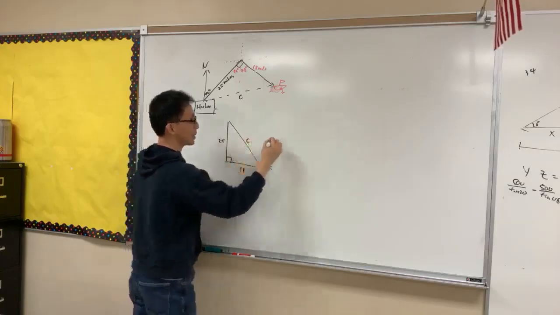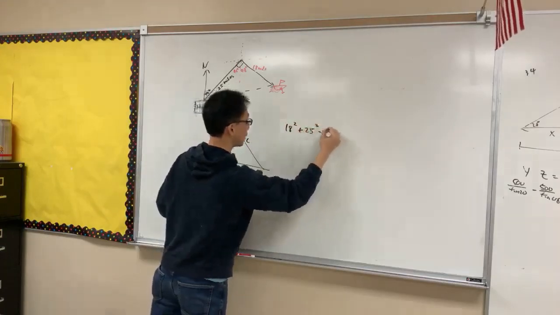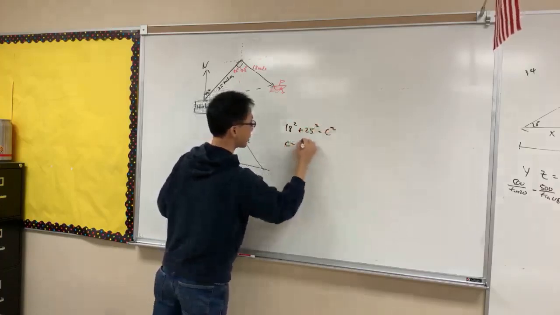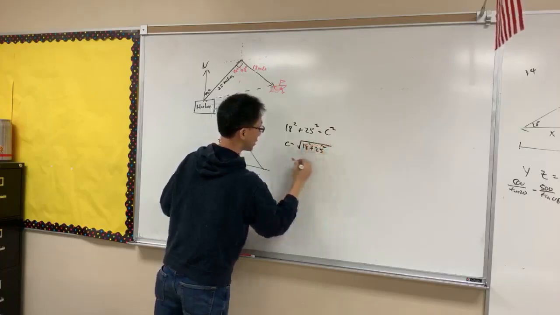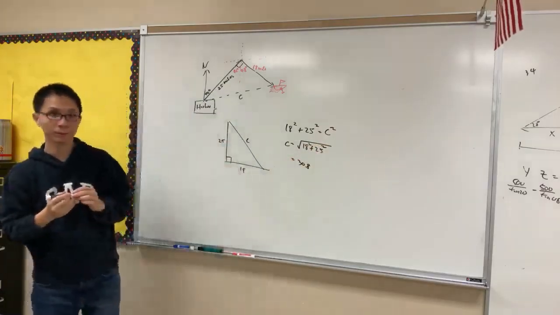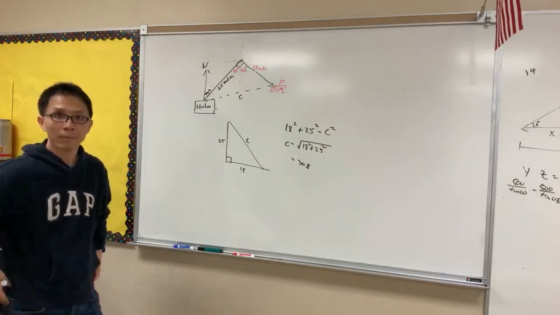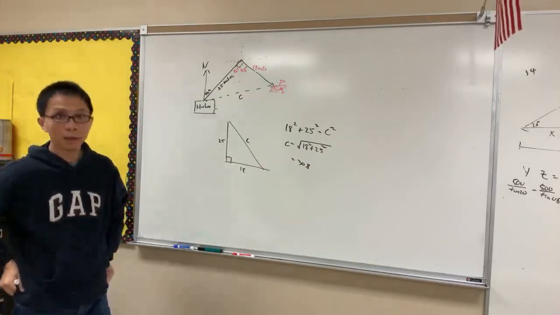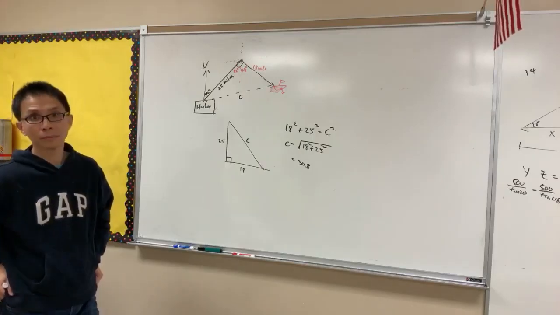So I can find C: 18 squared plus 25 squared equals C squared. C is equal to the square root of 18 squared plus 25 squared, and that's equal to, I believe, 30.8, I don't know. 33.8 or 30.8. Did you get it?